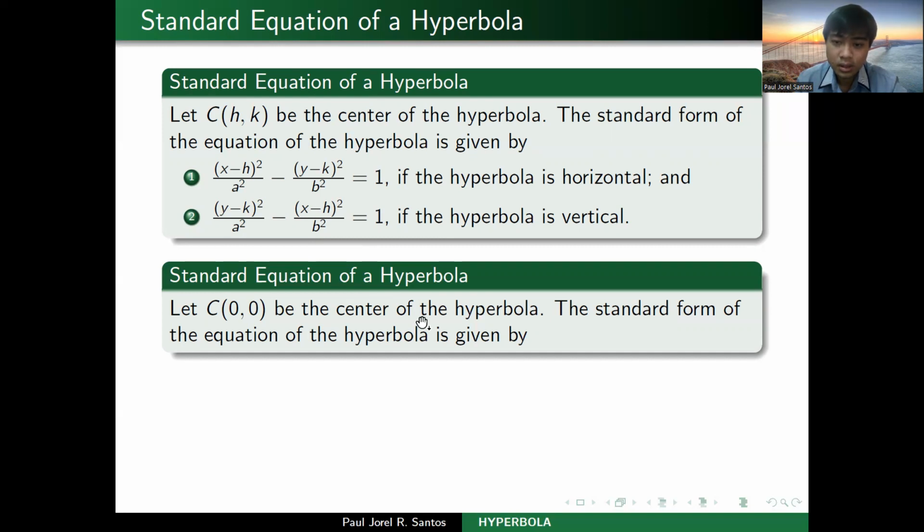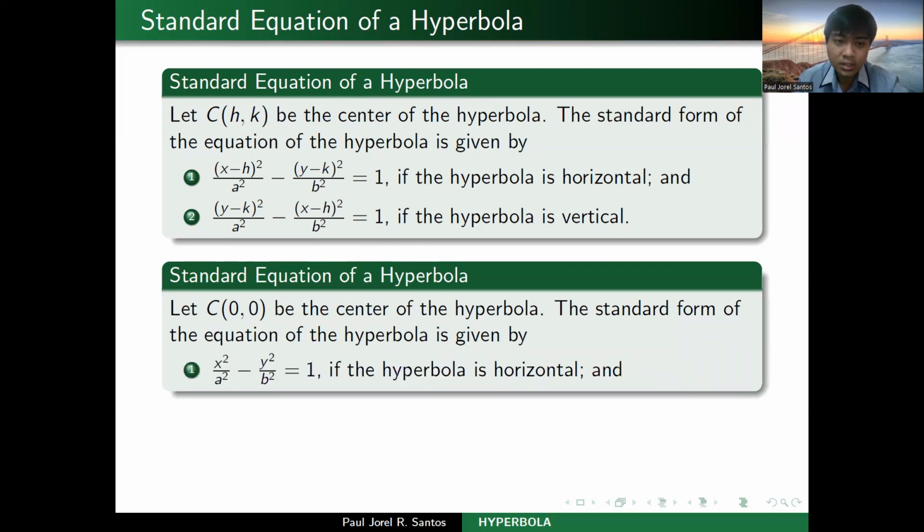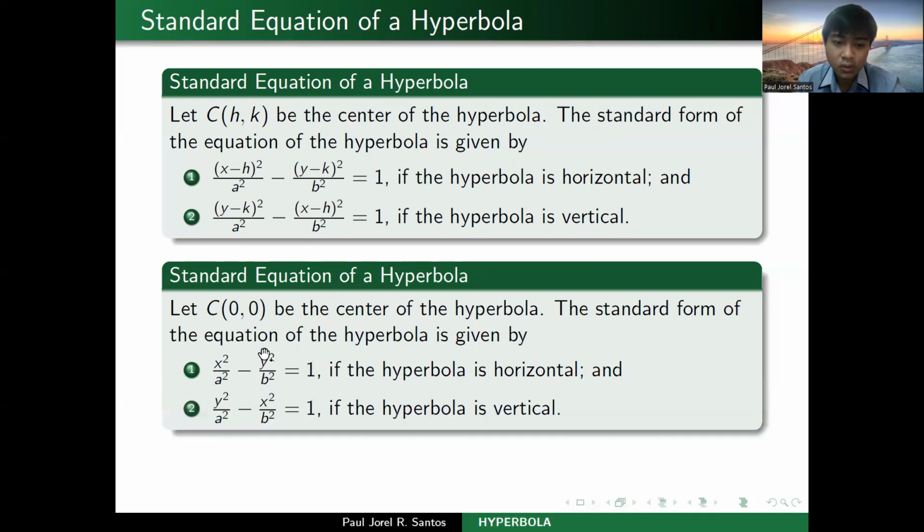The standard form of the equation of the hyperbola will be, as you can see, I just removed minus h and minus k from the original equation, because those are just 0 and 0. Same goes if the hyperbola is vertical. As you can see here, minus k and minus h were removed from the equation.